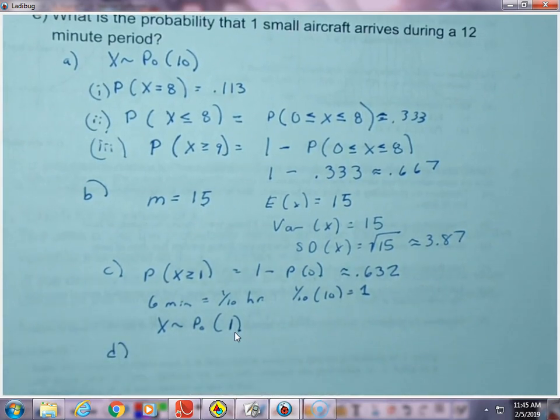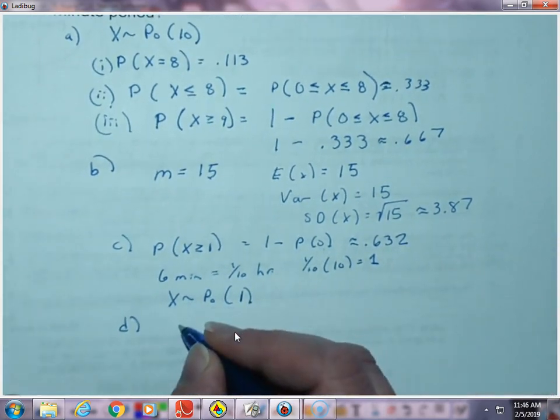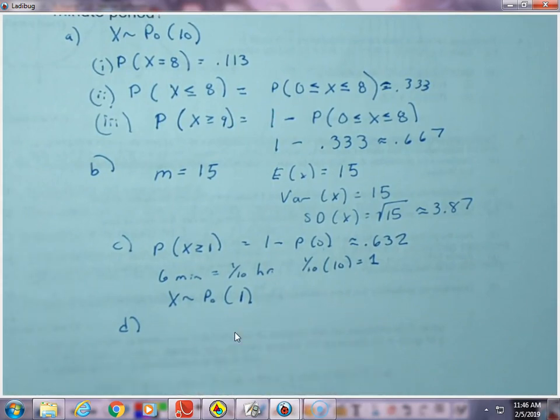The next two parts kind of go together. It says, what's the probability that one small aircraft arrives during two separate 6-minute periods? So it could be either in the first or the second. Was it the one that we just did, an aircraft showing up in one 6-minute period?